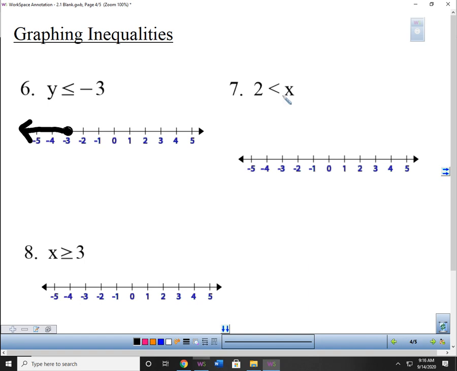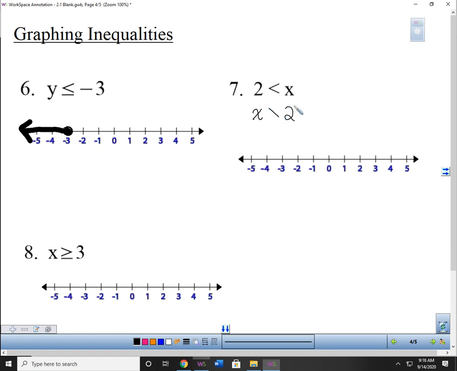All right. I don't like it when the variable is on the right-hand side. So I want you to flip it. So change where the X is and change where the 2 is, but then you're also going to have to flip your symbol around, because if it's pointing at the 2, it should still be pointing at the 2.